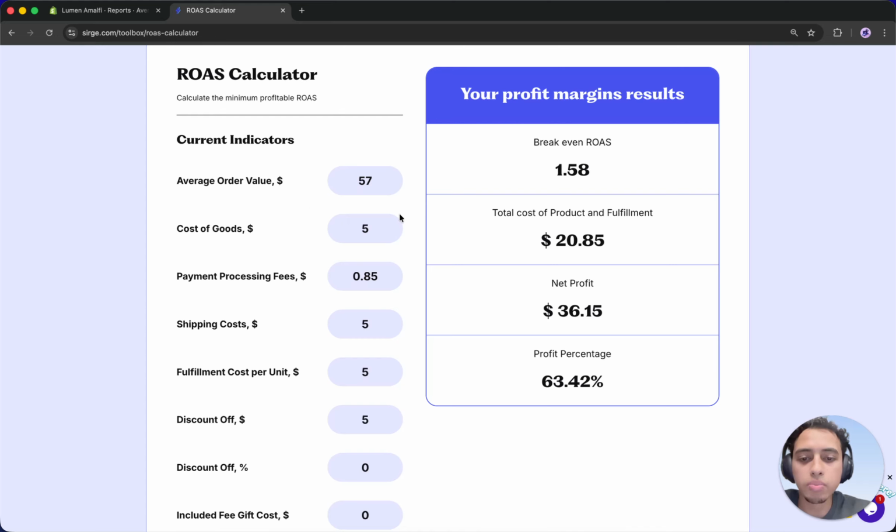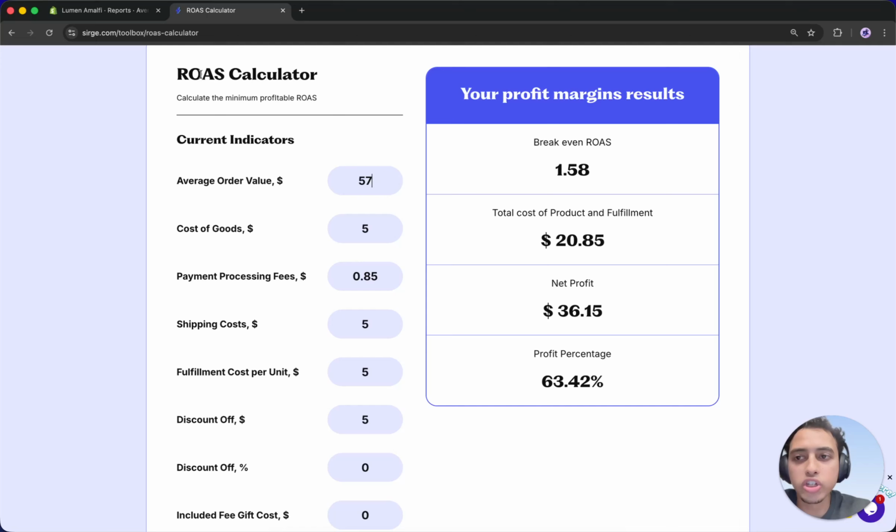When you input all this data in, it's going to spit out a number for you, your break-even ROAS. And this is what you need to keep an eye out for in your ads manager. Because that tells you, if I'm below this, I'm not profitable. If I'm above this, you can pause any ads that are performing below this break-even ROAS.